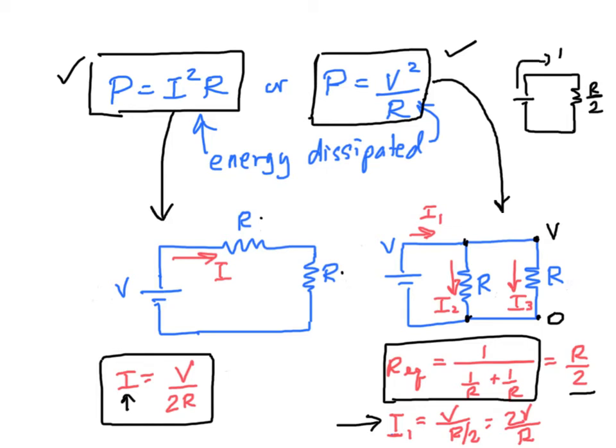So to calculate what I1 is, you just use Ohm's law, V equals IR. I solved for I, so I divide V by R over 2. That's what I did right here. And then my 2 comes up into the numerator, and my current I1 is actually 4 times bigger than I is in the series circuit on the left.